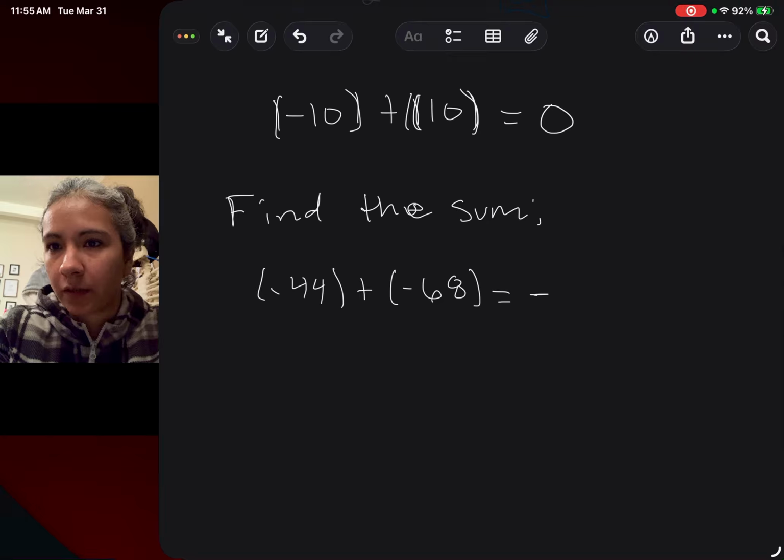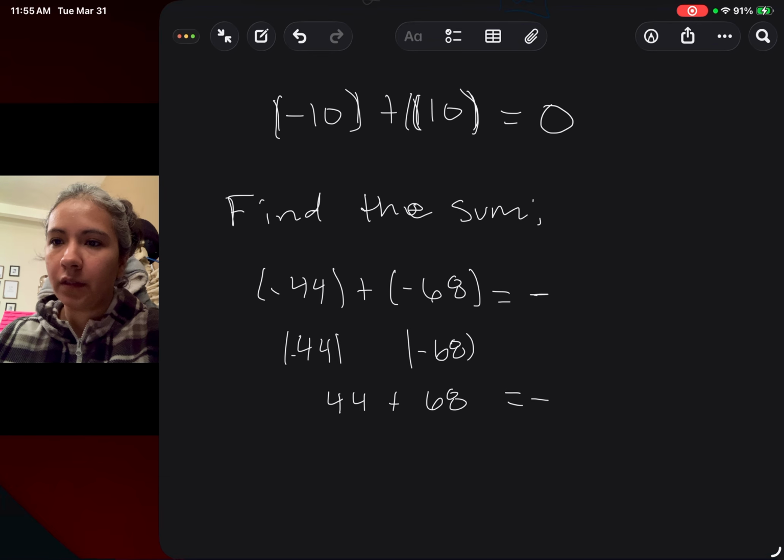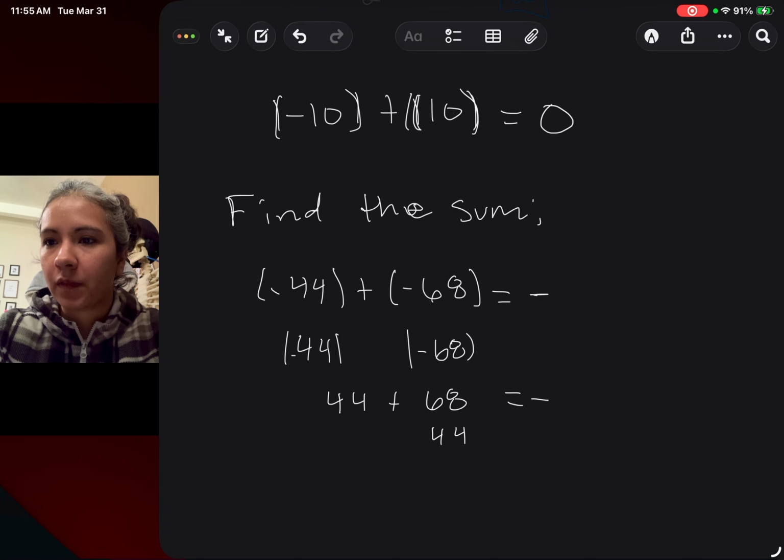So the absolute values of negative 44 and negative 68 give us 44 plus 68, and we're keeping that negative. So 112.